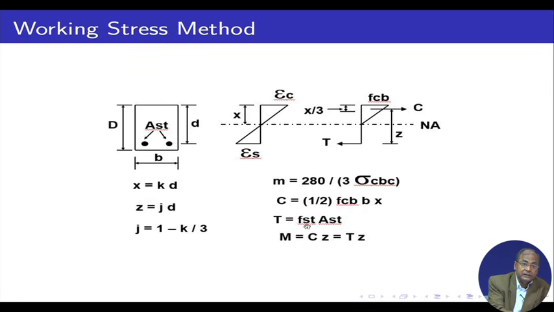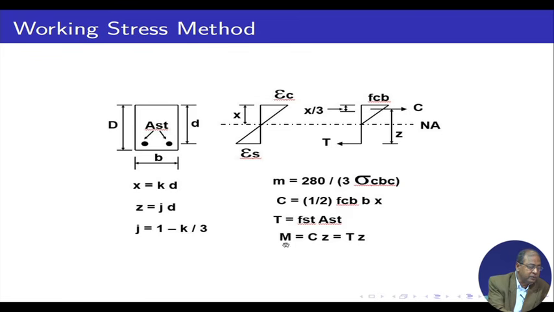For steel it is very simple: T equal to FST into AST. AST is the area of steel in tension, and FST is the stress in steel. So, we can find T, and this C and T should be in equilibrium. We call this moment the moment of resistance.